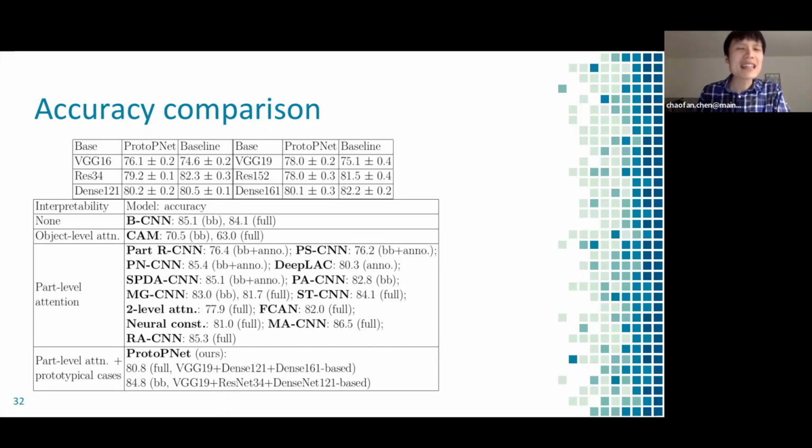And the reason we did that is because if we just use one proto-PNet, it's actually not very fair for our model, because a lot of the state-of-the-art at that time, for example, BCN, actually combines 2 CNN backbones, right? So if we just have one basic backbone, it's not a fair comparison. So we basically use a combined model to compare with the state-of-the-art.